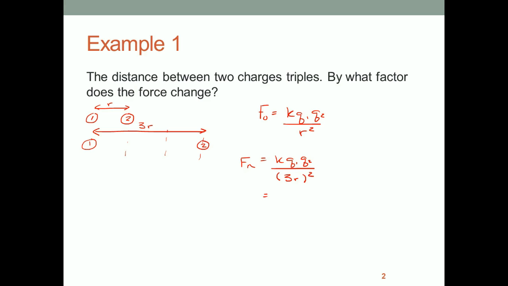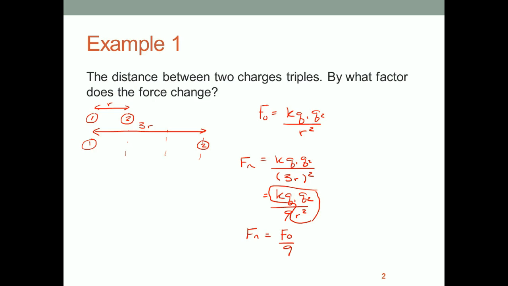So removing the parentheses, kq1q2 divided by 9r squared, and I see that this combination, kq1q2 divided by r squared, is just my original force. So that's my original force with a factor of 9 left in the bottom. So when I triple the distance, I have decreased the force by a factor of 9. This is a property of an inverse square law.